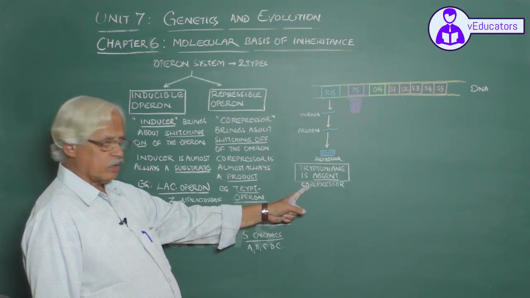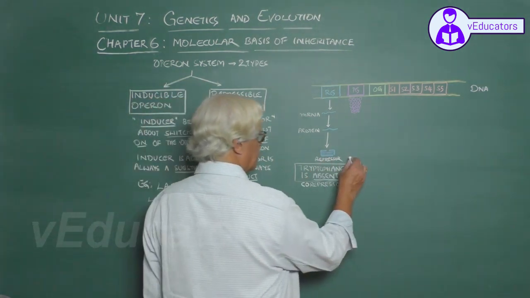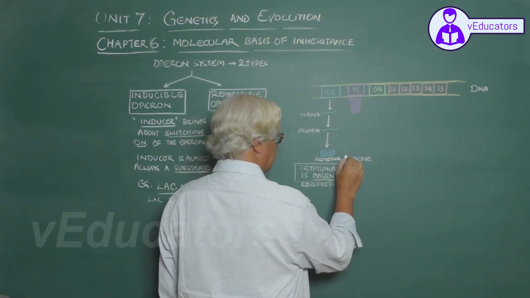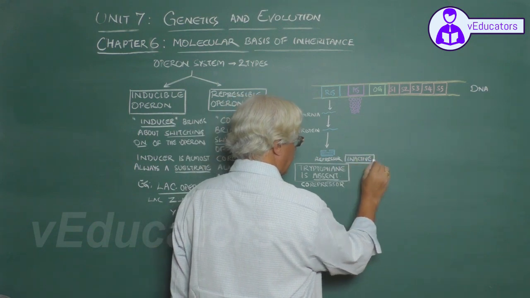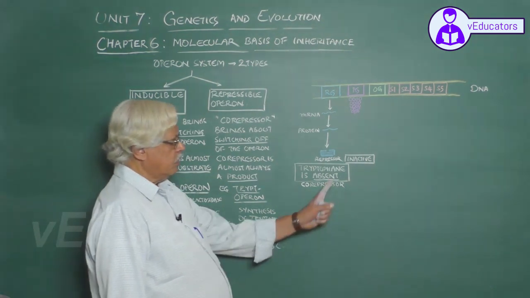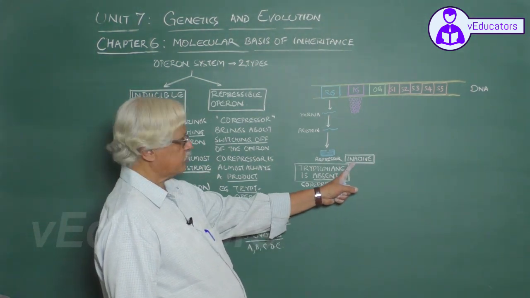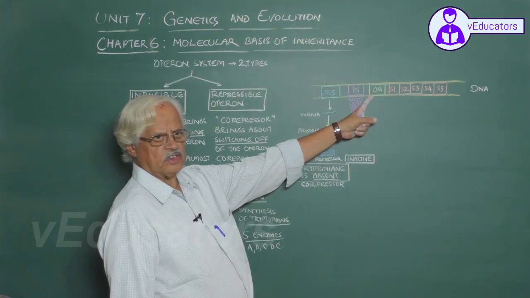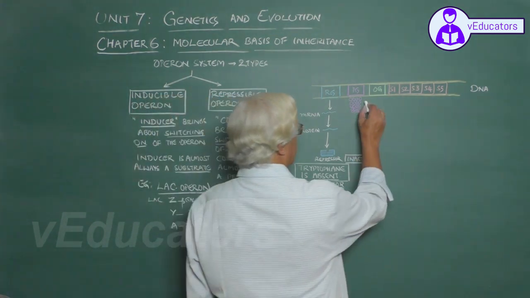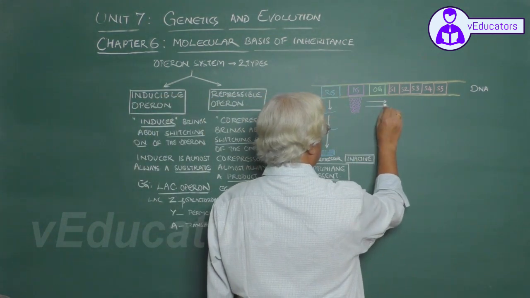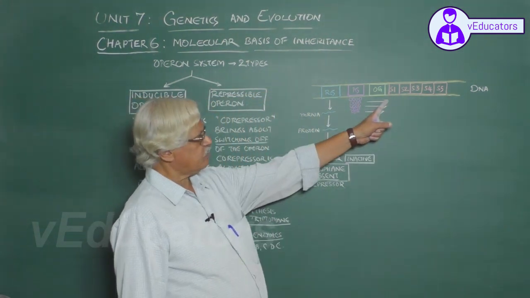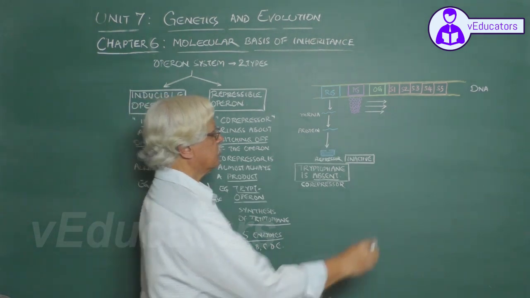In the absence of the co-repressor, the repressor becomes inactive. So when this repressor is inactive, it cannot bind with the operator gene. Therefore, RNA polymerase molecules can reach the structural genes.